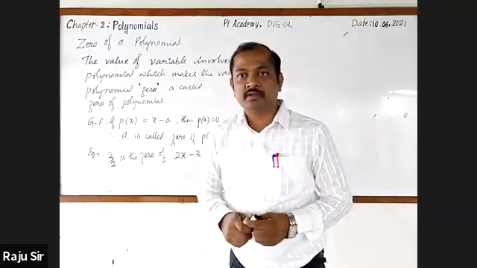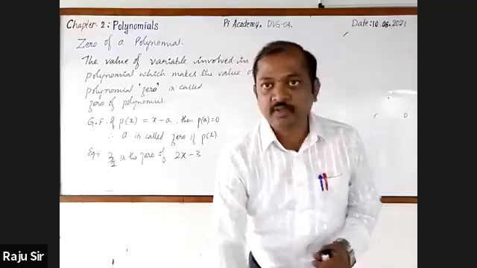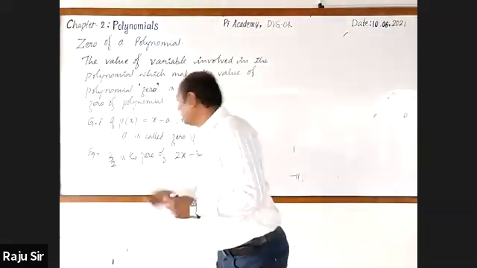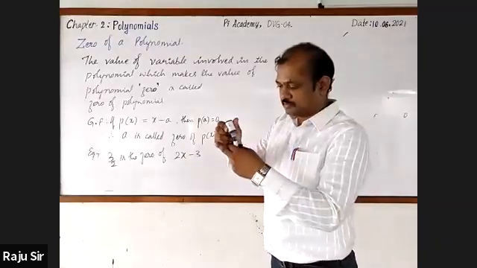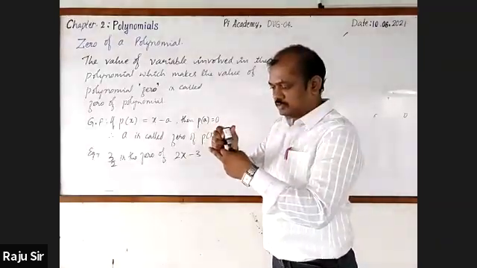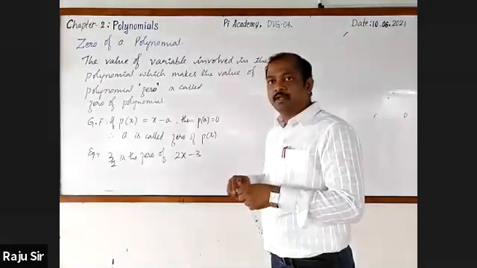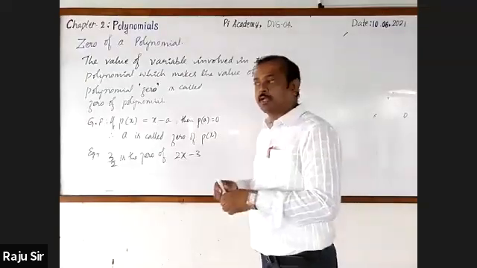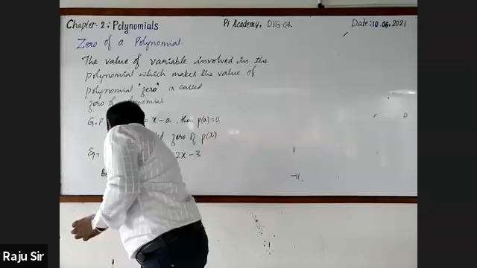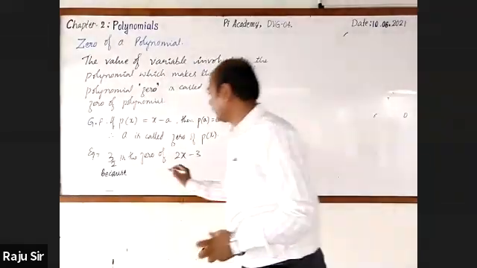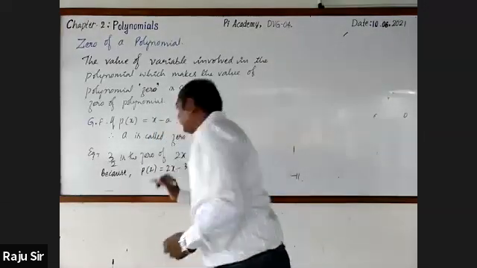Lakshmi TR, understood? Copy this. 3 by 2 is the zero of 2x minus 3. Below that, you write, because we know that P of x equal to 2x minus 3.